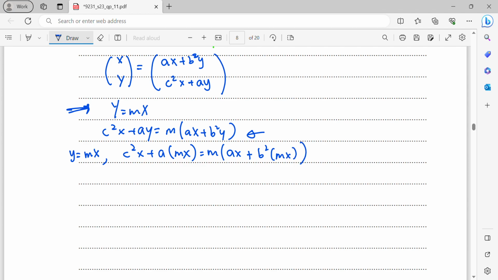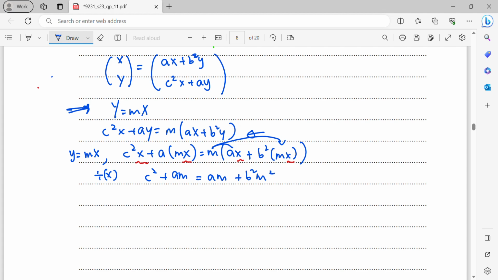Okay, so from here, we can cancel off all the x because you see all the x on both sides. So when I cancel the x, I will get c squared plus am equals m times ax, it will be am, plus this m times b squared m, b squared m squared, okay?